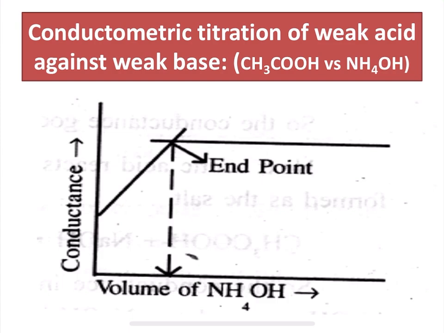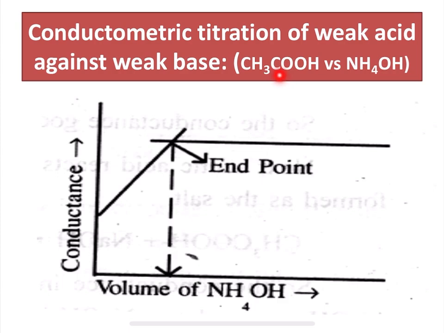Since acetic acid is a weak acid, its initial conductance will be low. That is why the graph is starting from here. We have a slope which is increasing. How will it increase? Once we take acetic acid in a beaker and titrate it with ammonium hydroxide, we are going to get a strong electrolyte, that is a salt, ammonium acetate.